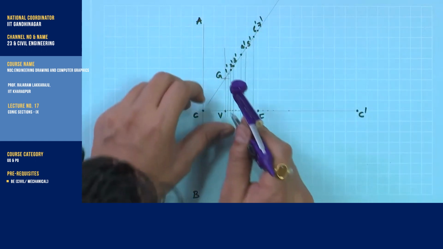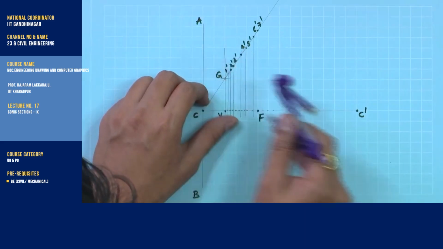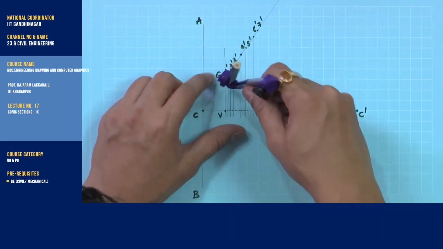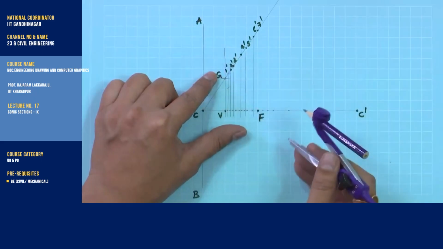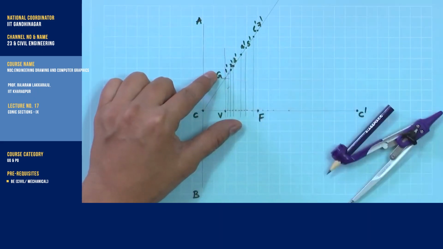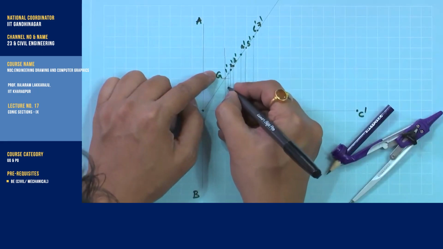Now, transfer this length 1 from the focal point all the way to intersect that, then locate the point of intersection 1.